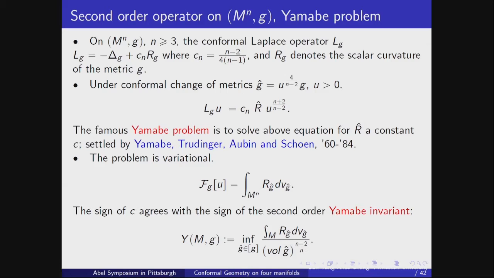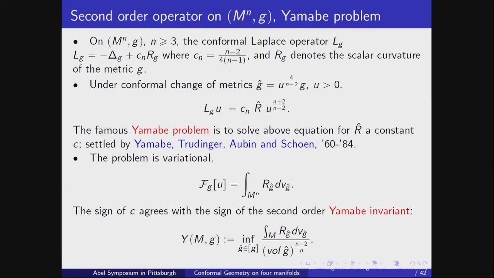It turns out when n is not equal to 2, the variational functional to study this equation is quite simple, and that's just the integration of the scalar curvature, R_g hat dV_g hat. You vary g hat in a conformal class, and the Euler-Lagrange equation of the critical metric of this functional gives you R hat equal to a constant.